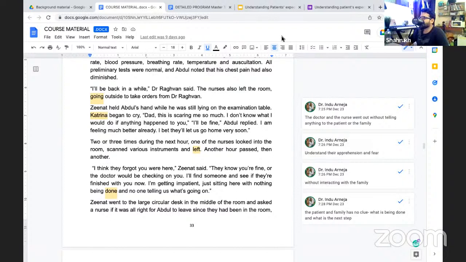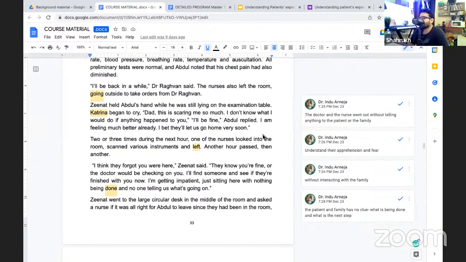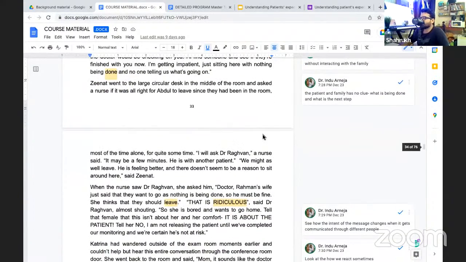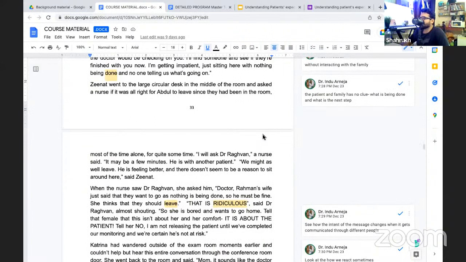Zeenat went to the large circular desk in the middle of the room and asked her nurse if it was all right for Abdul to leave, since they had been in the room most of the time alone for quite some time. "I will ask Dr. Raghavan," a nurse said. "It may be a few minutes. He is with another patient." "We might as well leave. He is feeling better and there doesn't seem to be a reason to sit around here," said Zeenat.